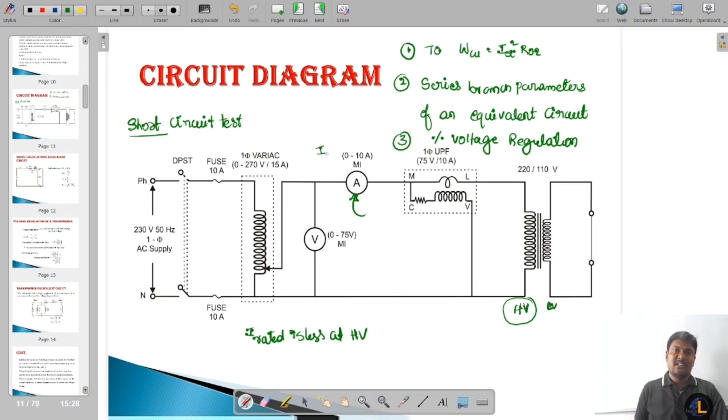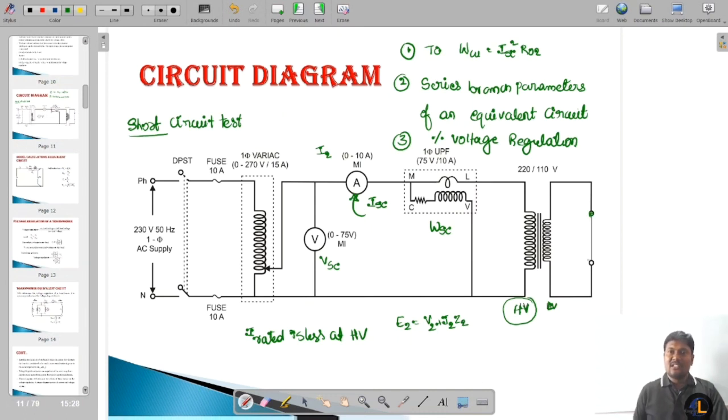If it shows rated current on primary side, then note down the voltmeter reading, ammeter reading and the wattmeter reading. Why am I writing VSC, ISC and WSC? Because we are conducting the short circuit test. E2 is equal to V2 plus I2 into Z2.